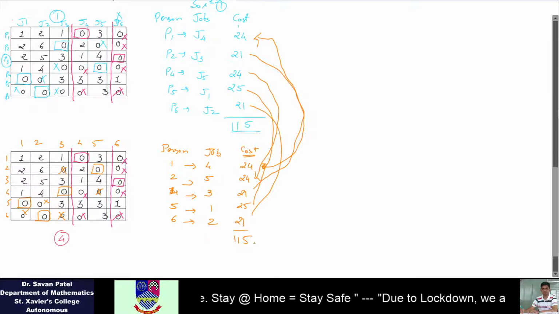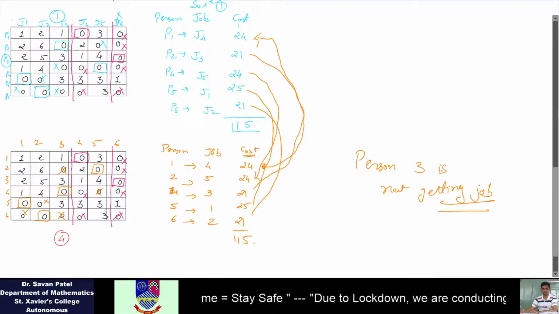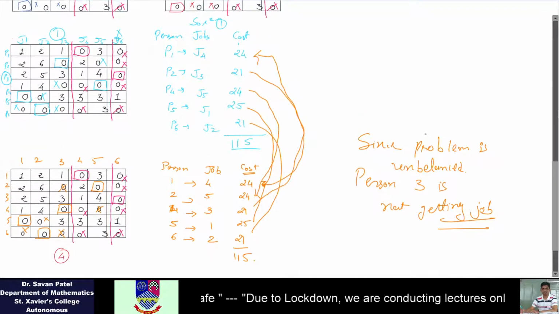Okay, so you have seen in this situation that a person is not getting a job. Why? Because the problem is unbalanced. This type of situation happens when your problem is unbalanced.